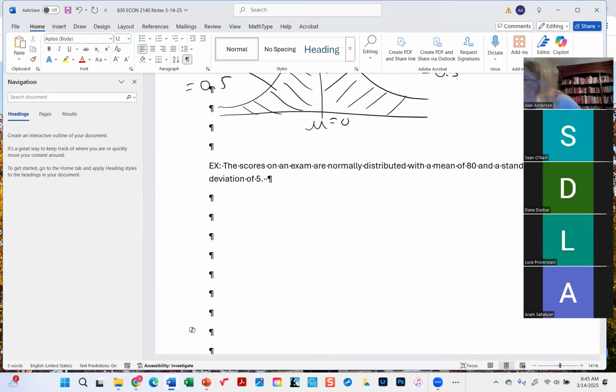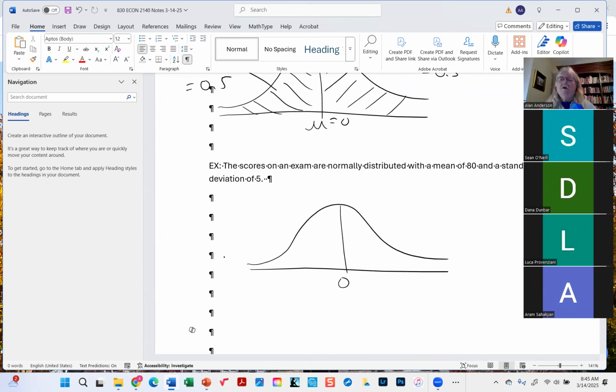So if I wanted to know, let's say the probability that our score is, let's make up a new one, how about 70 or below? Okay.